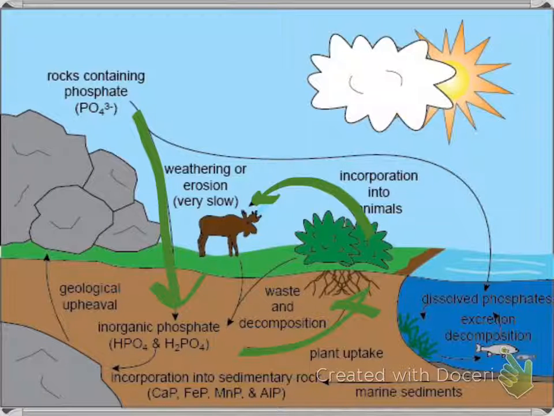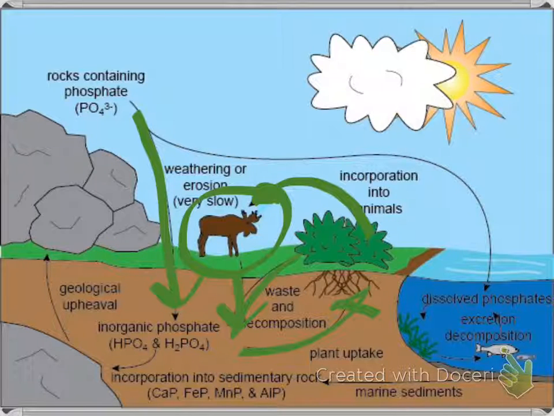Producers use it first, and then the consumers use either the modified version of it or a similar version of it. Then the consumers, through waste and decomposition, so again, this should sound really familiar, put inorganic phosphate back into the soil, and this goes back up into geological upheaval.